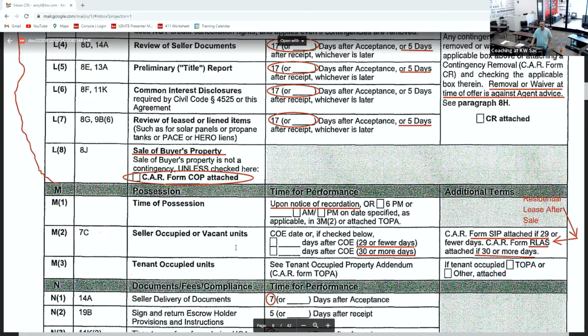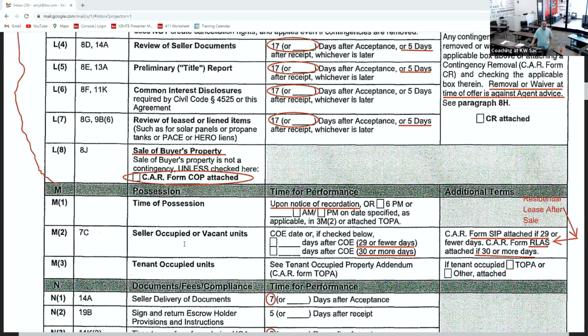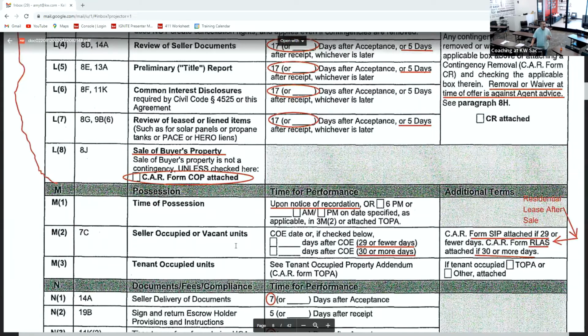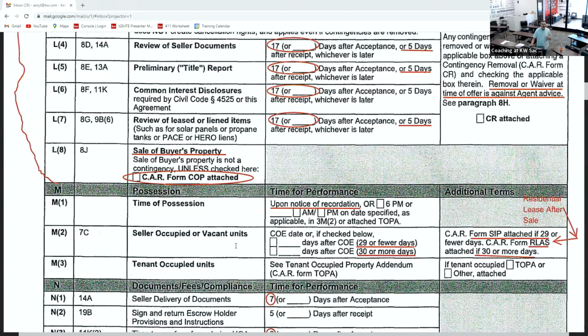Let's see. Seller occupied or vacant unit. I want to touch on this for a second because it is very relevant to what we're seeing happen today. As you know, when the COVID pandemic started, there were a lot of problems with people working from home, losing their jobs, and so on. There have actually been situations where sellers who contractually received a rent back after the close of escrow for 30 days, and you may or may not have heard about these on the news, refused to leave.